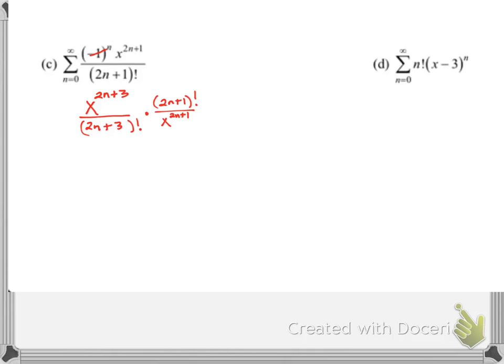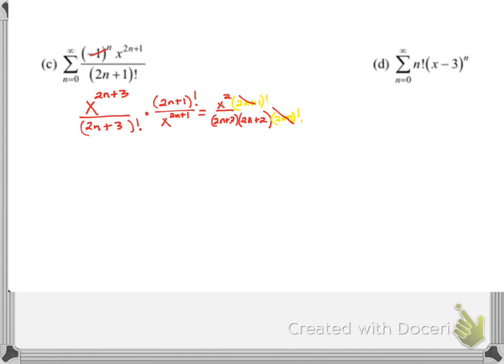The x on the top is larger than the x on the bottom by a factor of 2. So we get x squared left. And then on the bottom, you actually get a leftover 2n plus 3 times 2n plus 2. Where this comes from is that the 2n plus 1 factorial on top cancels with the remaining 2n plus 1 factorial that would be on the bottom if I had written out the rest of that function.